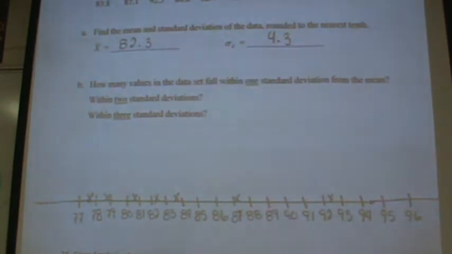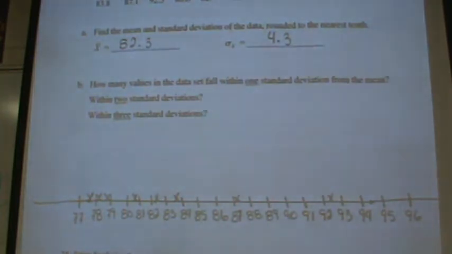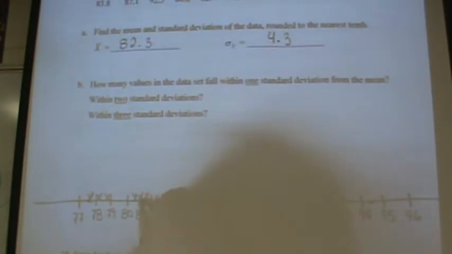82.4, 77.6, 78.9, 78.2, 81.8, and 80.1. So for this one, our data is kind of spread out a little bit, but it should look about like that.